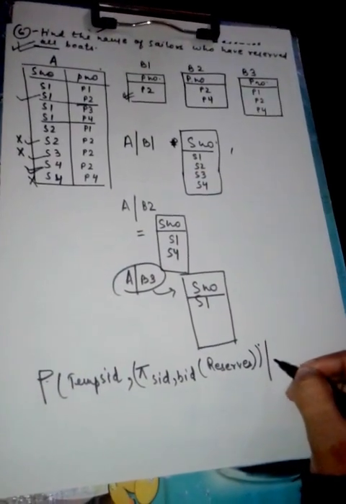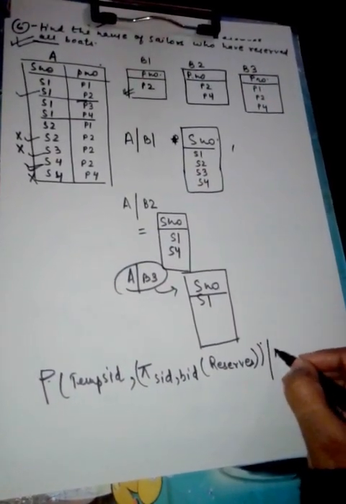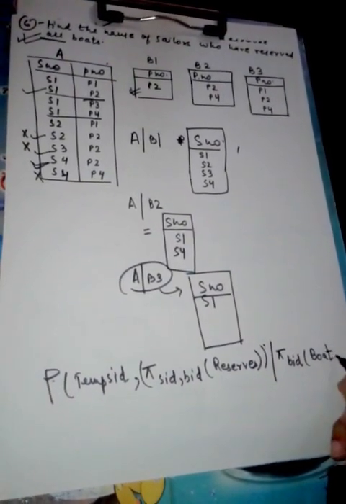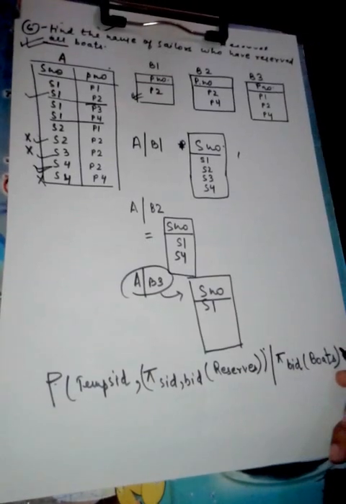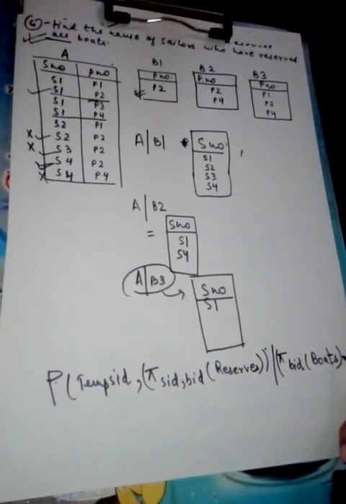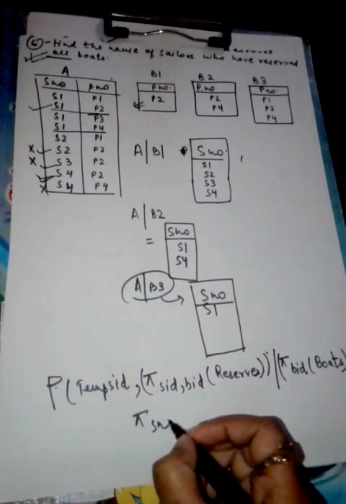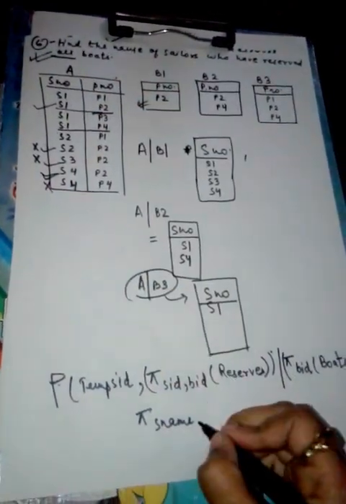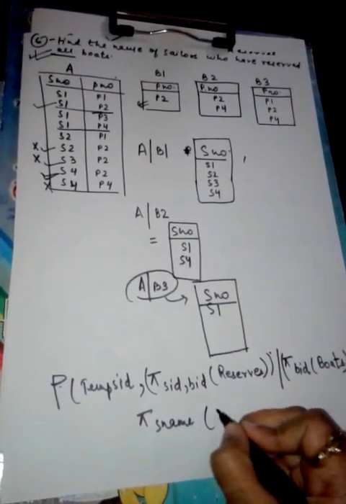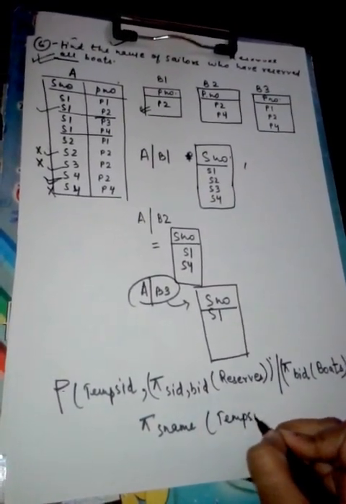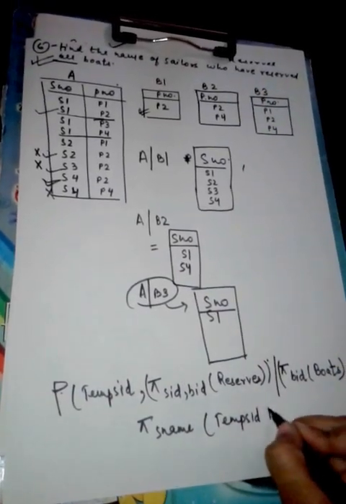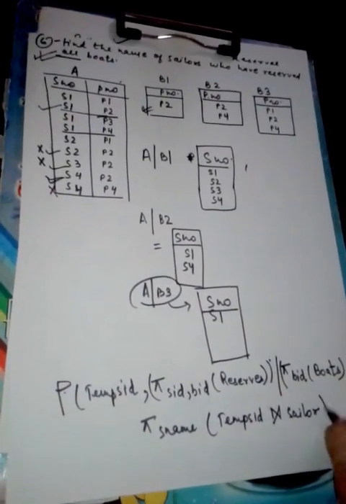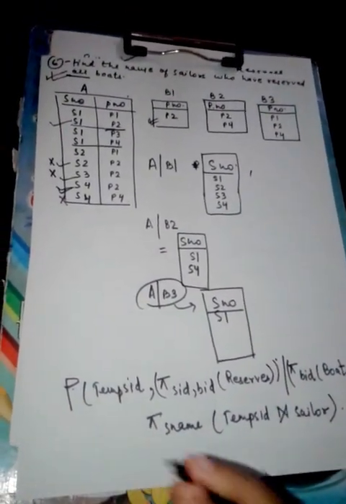We perform a division operation and project boat ID from the boat table. And finally we project seller name, because it is asking for the name of the seller, so we project seller name and temp seller ID to seller. So this is the required answer for the above query.